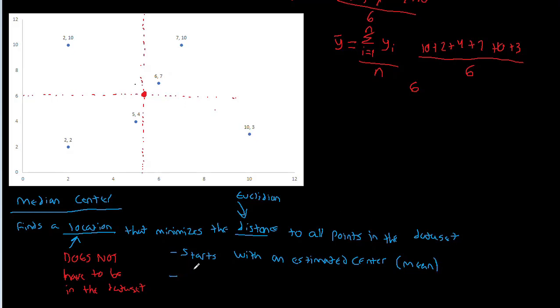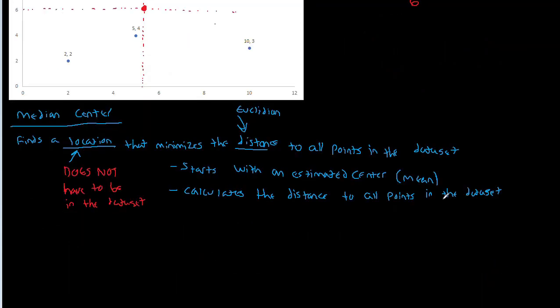Then it calculates the distance to all points in the data set, and it sums that distance up. So it gets the total distance from it to all points in the data set.